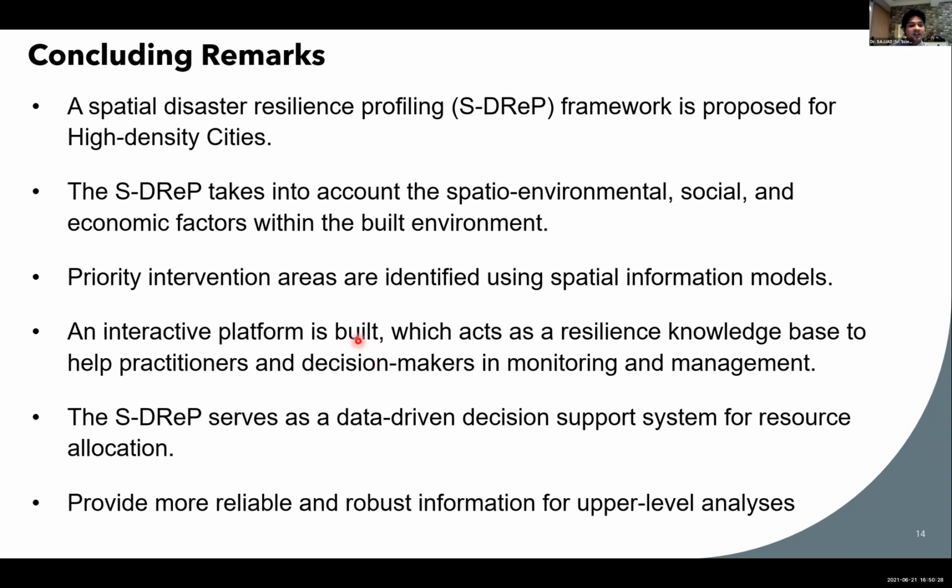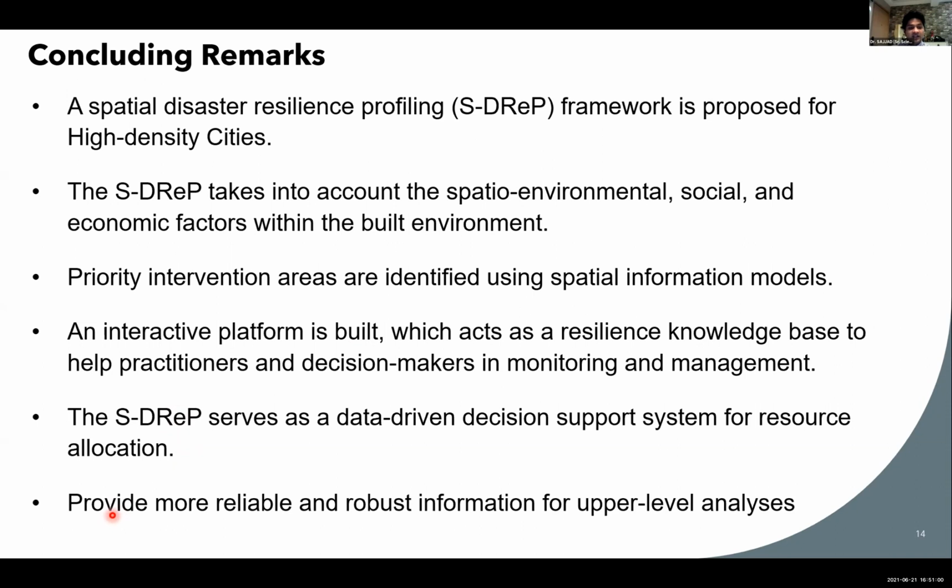Then it serves as a data-driven decision support system for resource allocation, because if there are areas or communities where the resilience score is low in terms of economic or other aspects of resilience, then those areas or communities need to be prioritized. This can be done in a more effective way using such information.